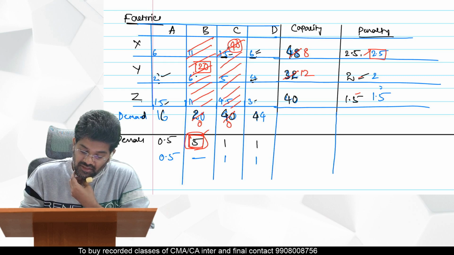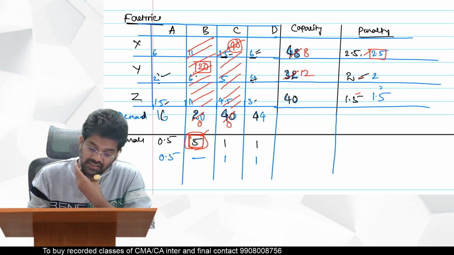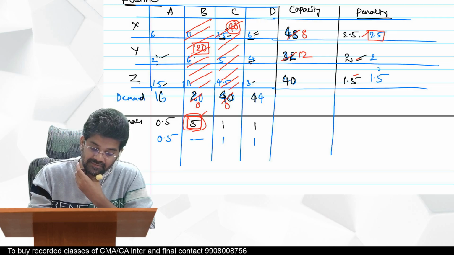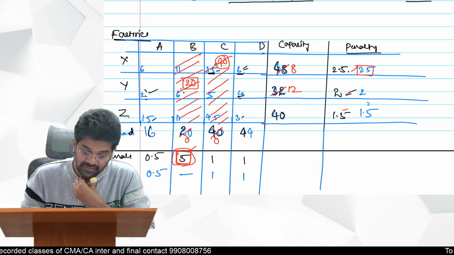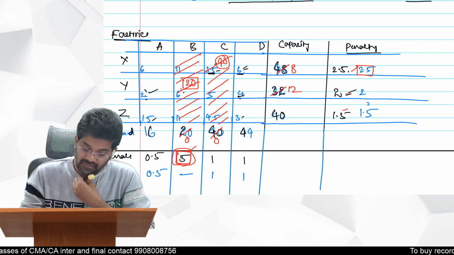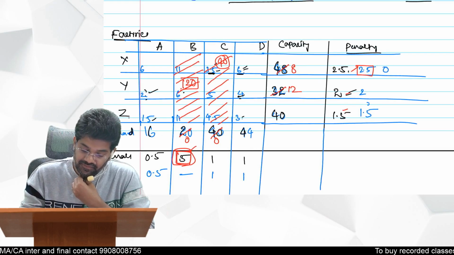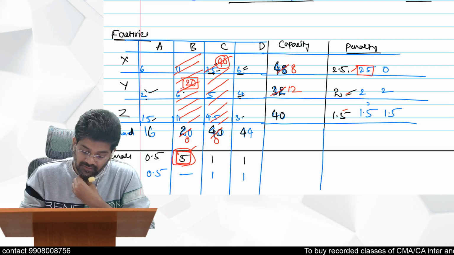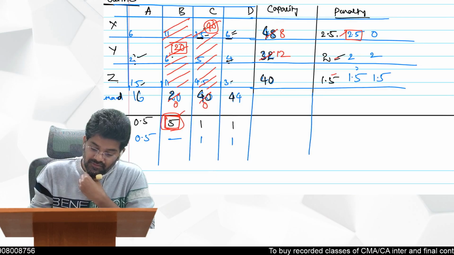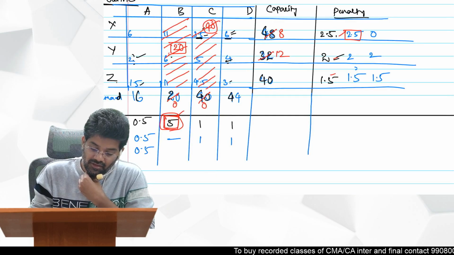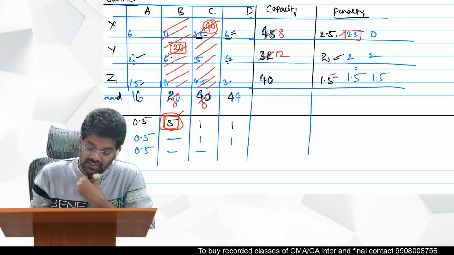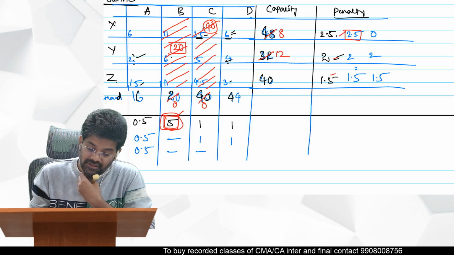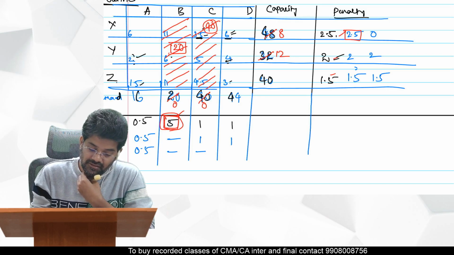Okay. Now again, for the third time, we should calculate the penalty. 6 minus 6, 0. 2 minus 4, 2. 1.5. Here it is the same, 0.5. Not applicable, not applicable. Next here 3 minus 4, 1. 1 only.